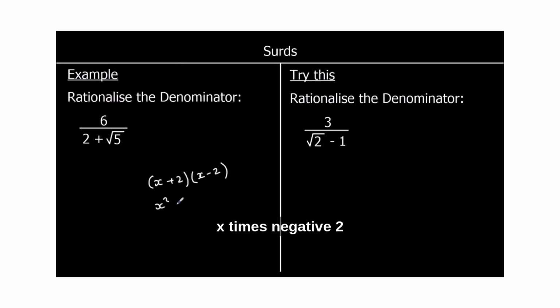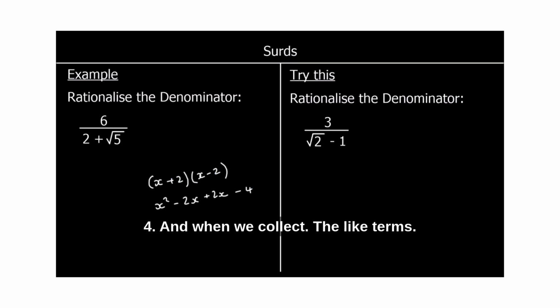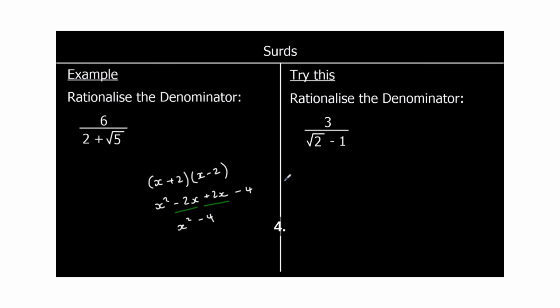X times negative 2 is negative 2x. 2 times x is 2x, and 2 times negative 2 is negative 4. And when we collect the like terms, the middle terms, the negative 2x plus 2x, they cancel out, so they disappear. So in this example, it's just x squared minus 4. And this is what we're going to use to get rid of the surd from the bottom.